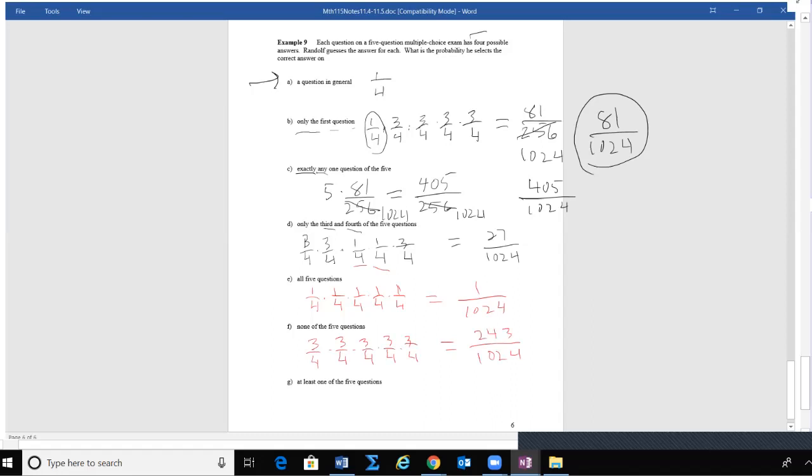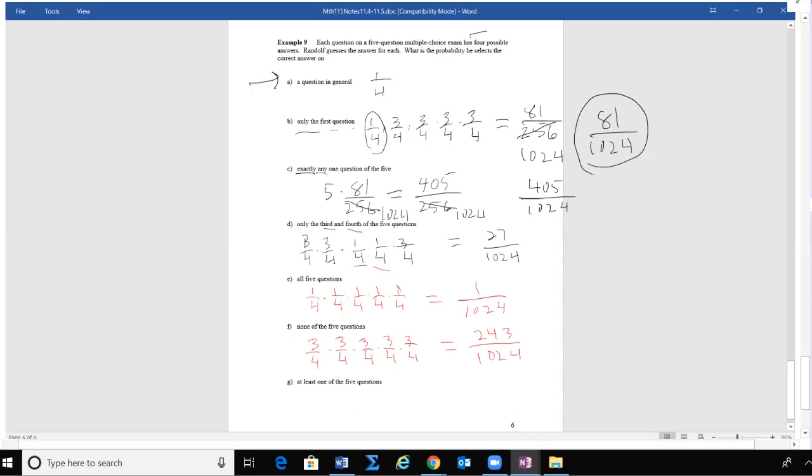Okay, so there's a better chance that that's going to happen when they guess, that things are not going to go right for them. 243 out of 1024. And even that's not a sure thing. It's pretty likely that they're going to get something right, even from guessing, unless they're really unlucky. Okay, but that could happen. So 243 out of 1024 chance that they'll get all 5 questions wrong by guessing.